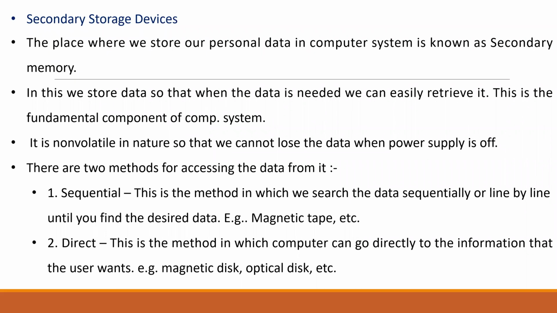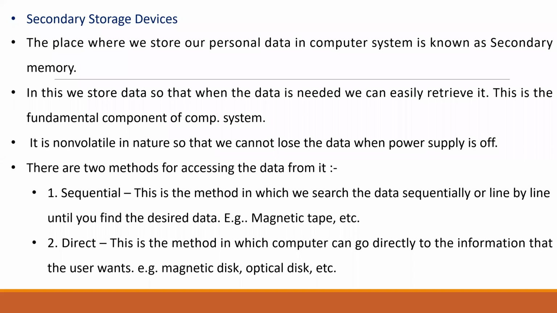If you want to play track 5, we must forward through track 1, track 2, track 3, track 4, and after that we get track 5. Such memory is sequential access.